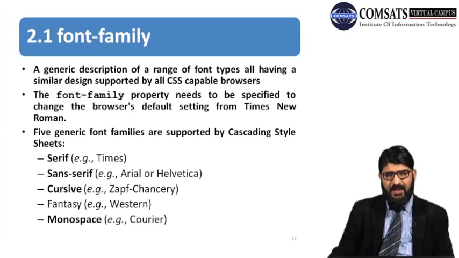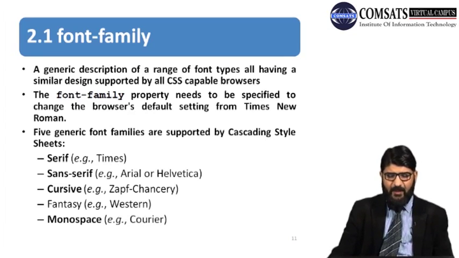Sans serif basically includes majorly Arial or Helvetica font family. Then cursive, Zapf genre includes in cursive. Similarly, Western includes in fantasy and Courier includes in monospace. The most famous font family categories are serif and sans serif.